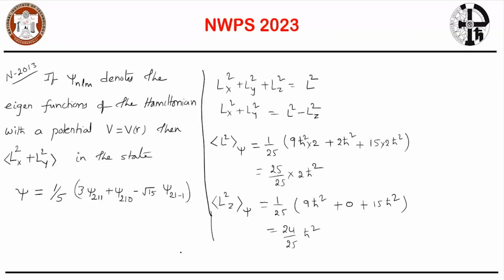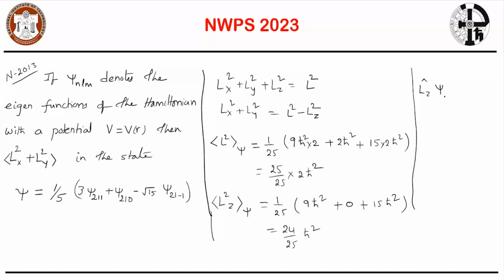Okay, so that's how you do this problem. Any questions on this? Sorry, for Lz the last term is -1. Yes, for Lz the last term has m equal to -1. So you're right about Lz.